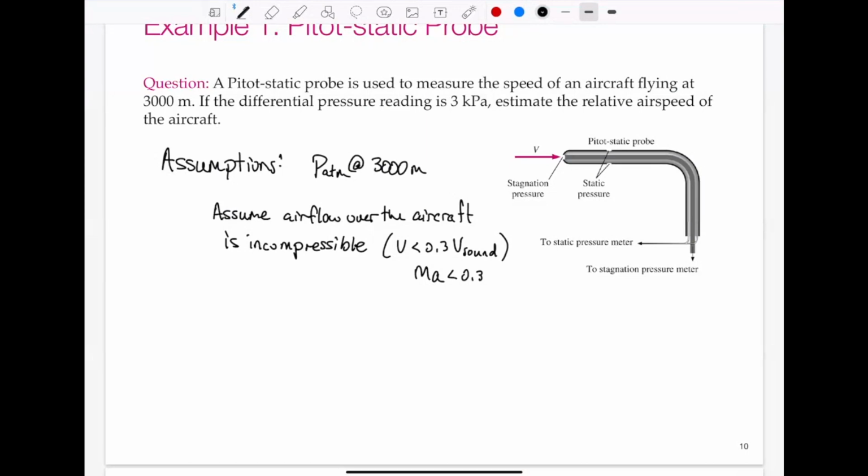So beyond incompressibility, what is another assumption we have to consider? And the flow needs to be incompressible, needs to be steady, it needs to have constant temperature. I'll say constant and standard atmospheric conditions.